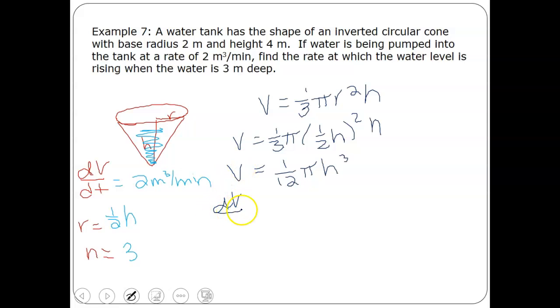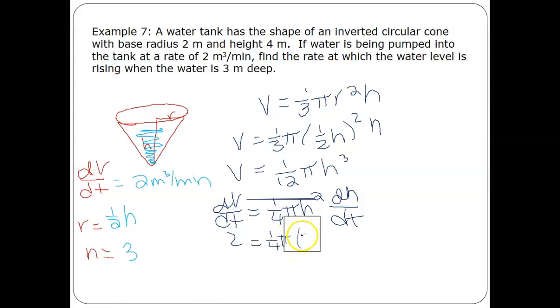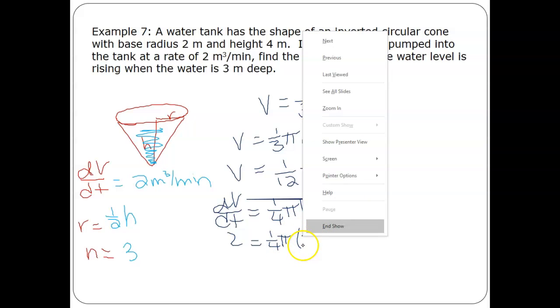And then we take the derivative. dV/dt equals 1/4 pi h squared times dh/dt. Is it filling up or draining out? Filling up, so dV/dt is positive. h is 3, so h squared should be 9.